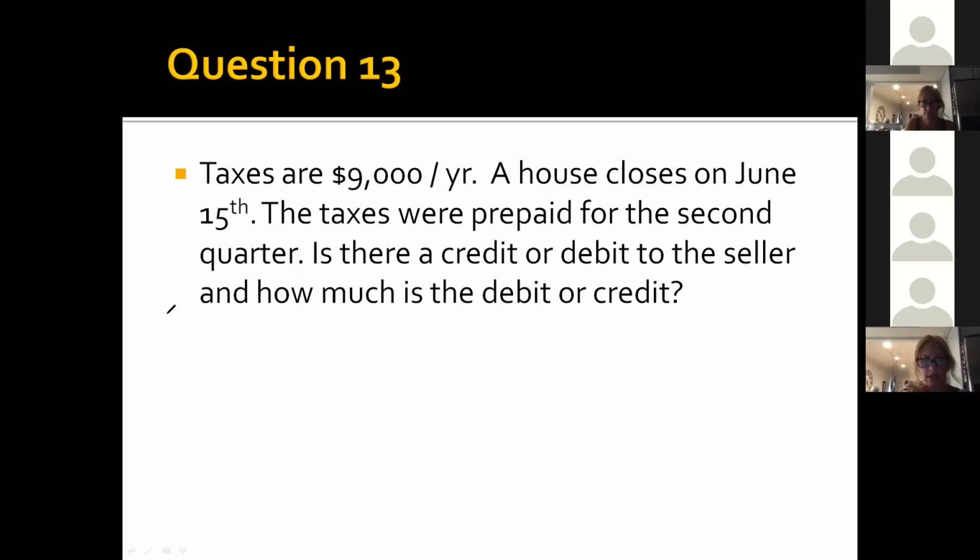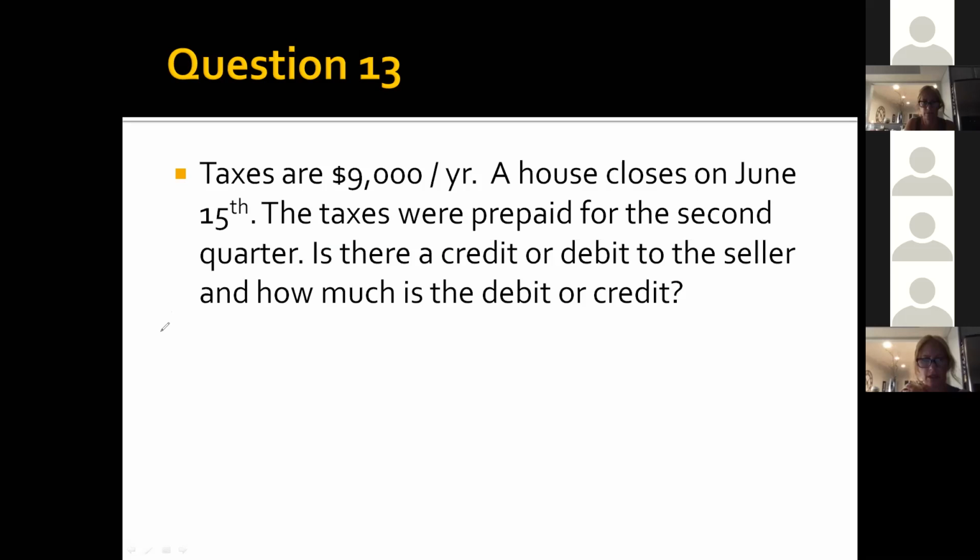And she had paid her taxes all the way to the end of September, because that's the end of the third quarter. And since she had paid the taxes all the way to the end of September, she got a credit on her closing statement of 10/30ths of the taxes for the month of September.